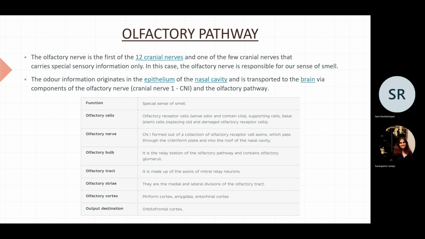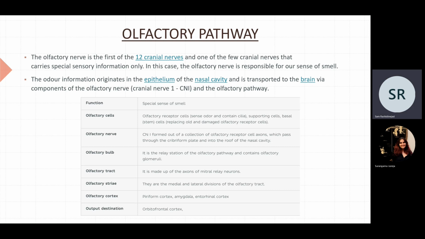As you already know, we have olfactory epithelium in the superior part of the nasal cavity. The olfactory pathway has different types of cells or neurons. We have olfactory cells that are basically receptor cells in the olfactory epithelium, and the olfactory nerve that carries the information from the olfactory epithelium to the olfactory bulb, which sits above the cribriform plate in the anterior cranial fossa.